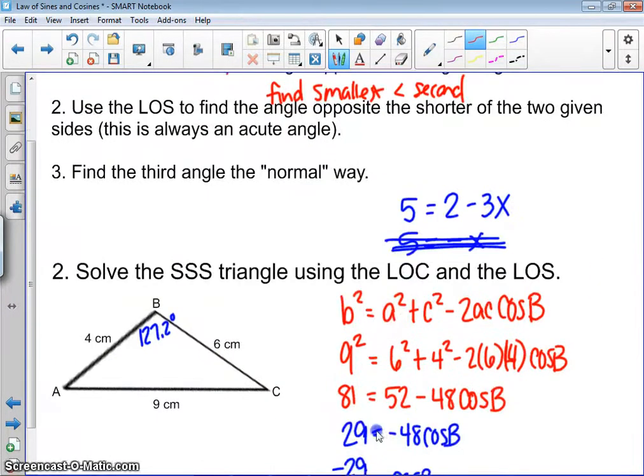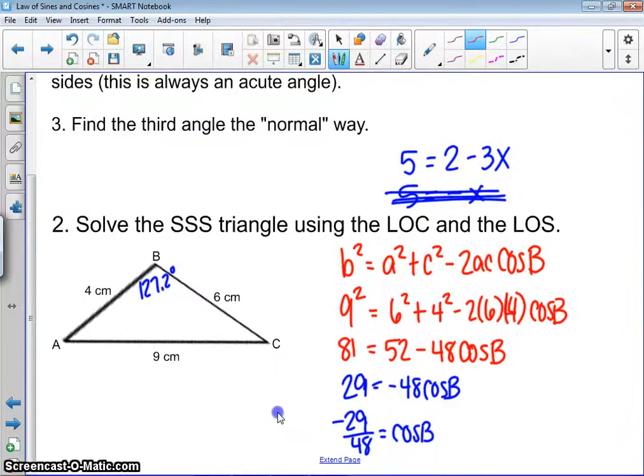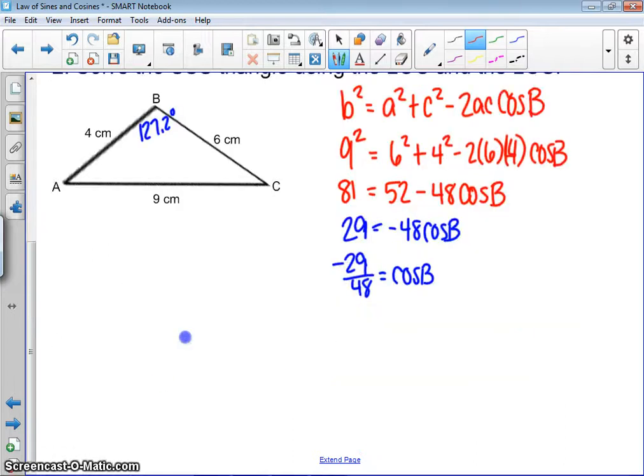So the smallest angle is going to be angle C. I'm going to use the law of sines to solve that, just because I've got a pair now and I think that's a little easier. When I do that, I'm going to set up 9 over the sine of 127.2 equals, since I'm finding angle C, 4 over the sine of C.